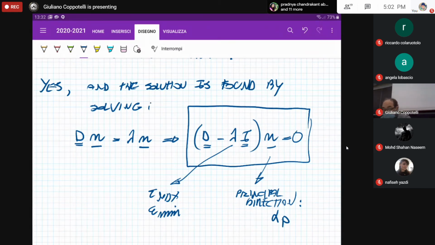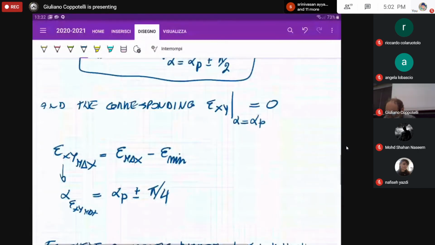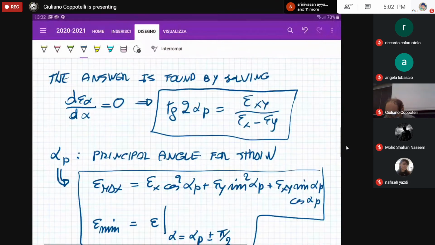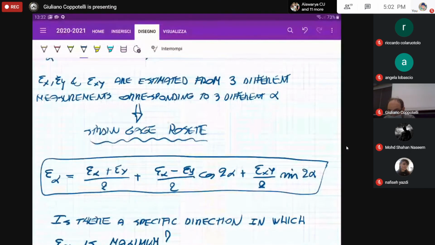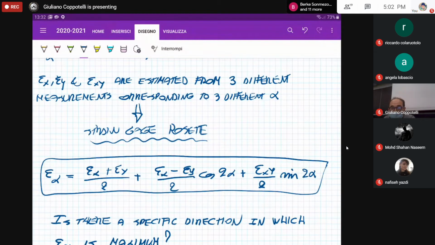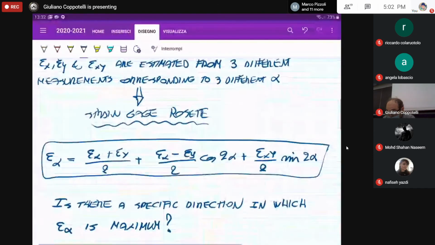So as we can see, going back here, once we have the strain gauge rosette that gives you the information of the strain in the natural strain gauge measuring direction, and we have this information corresponding to 3 different angles, then we can solve this problem.